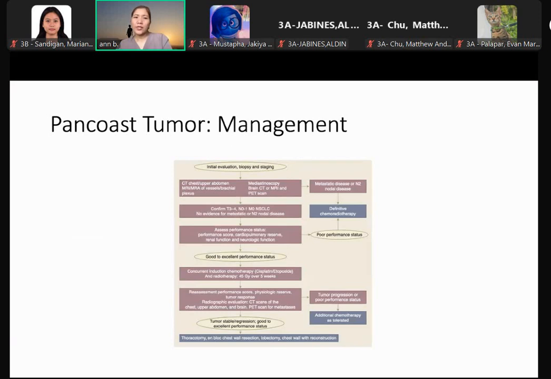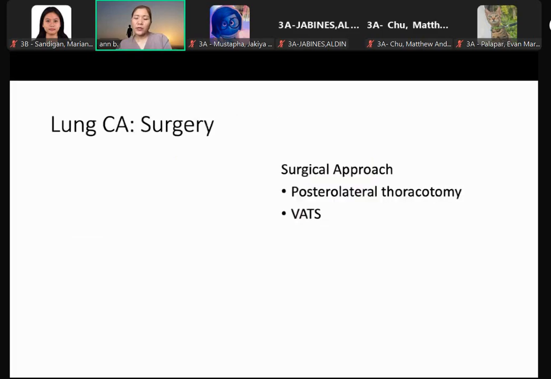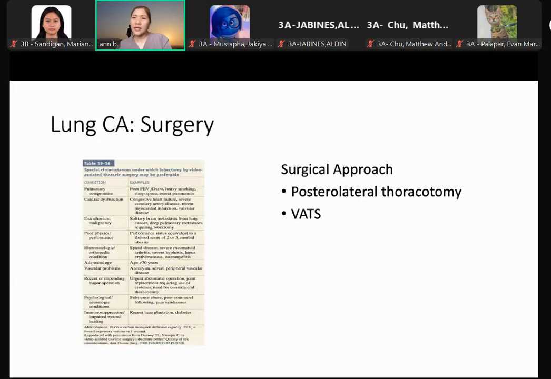But when we say a tumor, what is important is the diagnostic workup for possible surgical removal and the performance status of the patient. Please go over this table. The surgical approach is posterolateral thoracotomy, or VATS if accessible through minimally invasive surgery.